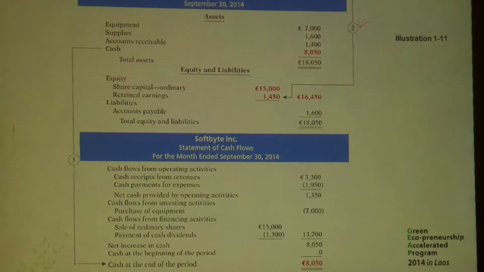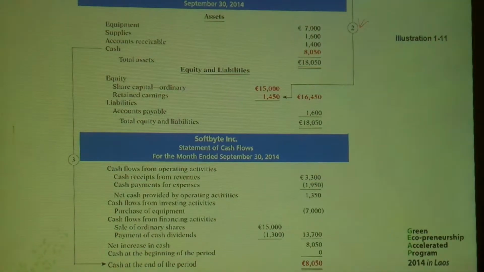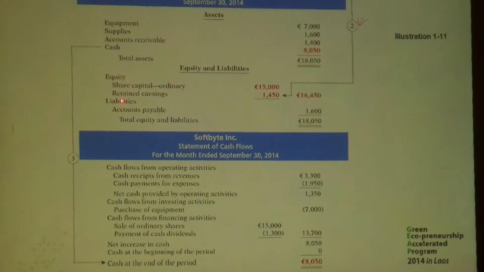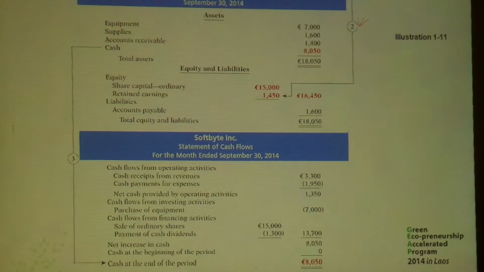Yes. I would like to ask about the balance sheet. Over here, this is a balance sheet, the statement of financial position. Share capital ordinary here. If we don't issue more stock, what happens to the value of the share capital in the following year? In the following year, if you pay in additional, then you have to add together.